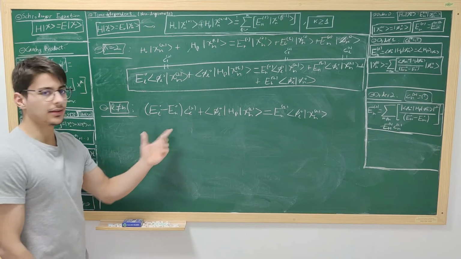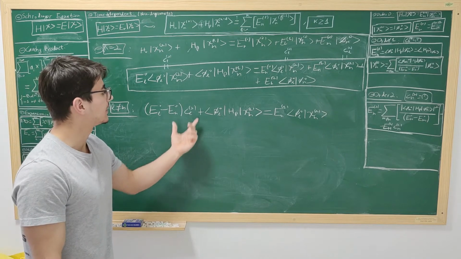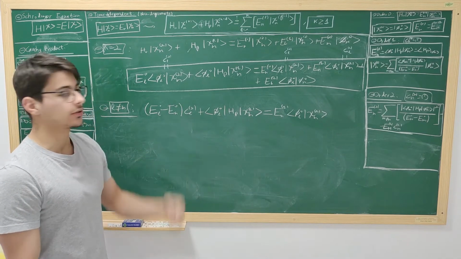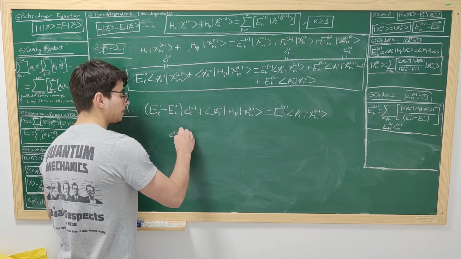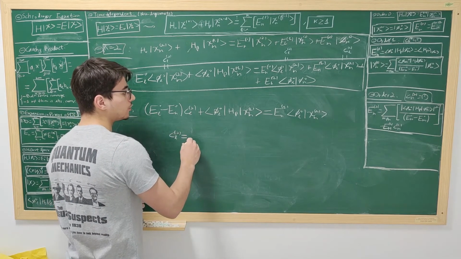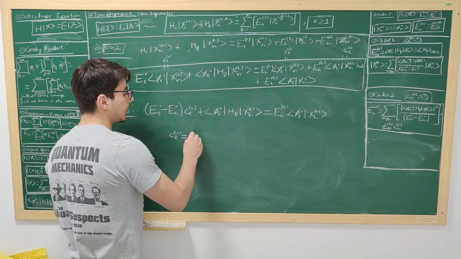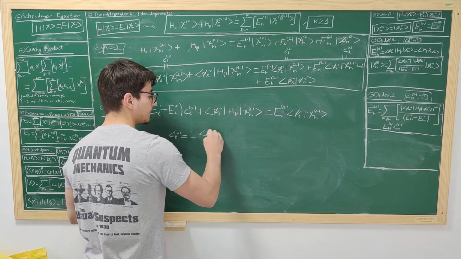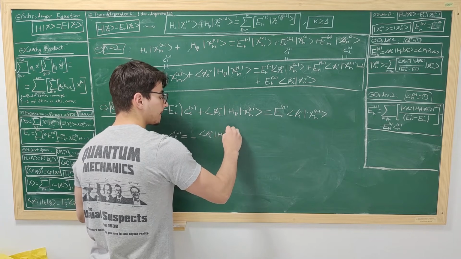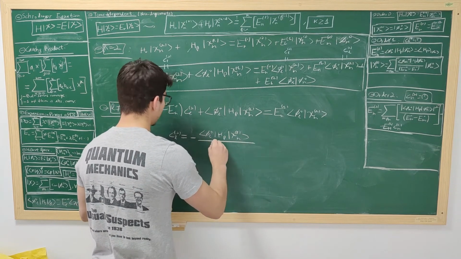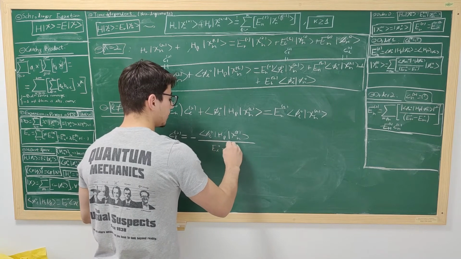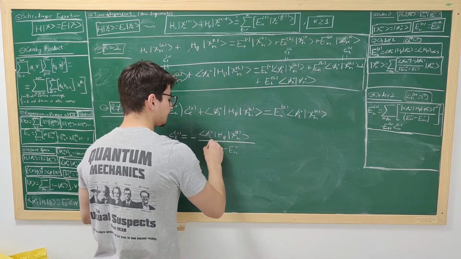Yes, we can now just take this to the other side and isolate Cl2, and we would get that Cl2 is equal to minus this, okay, over EL0 minus EN0.